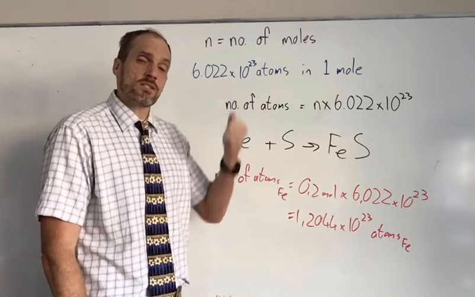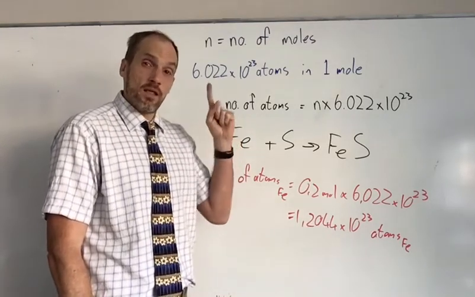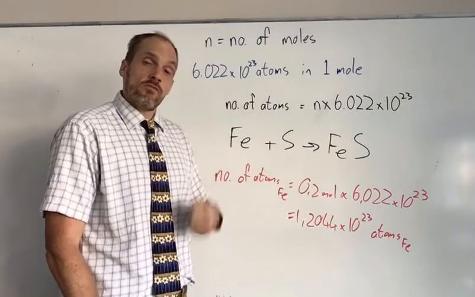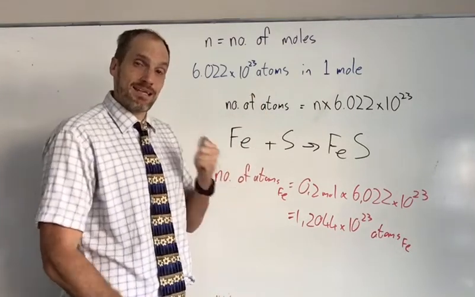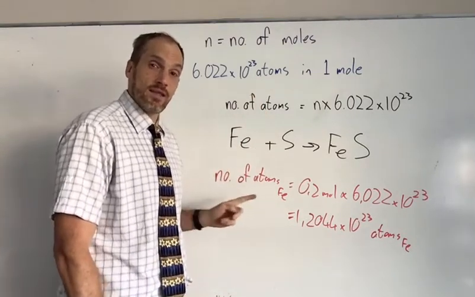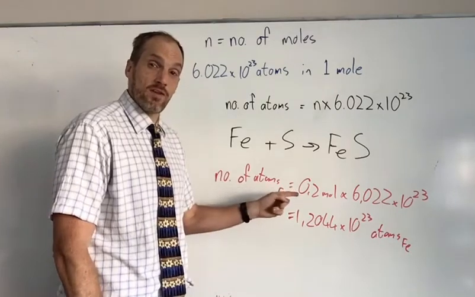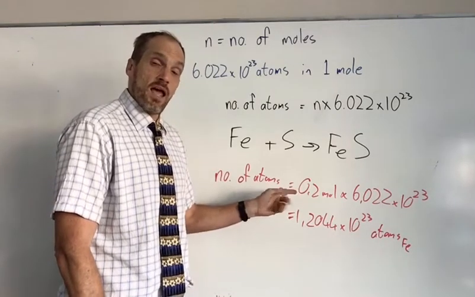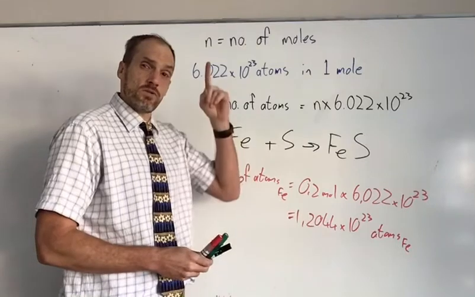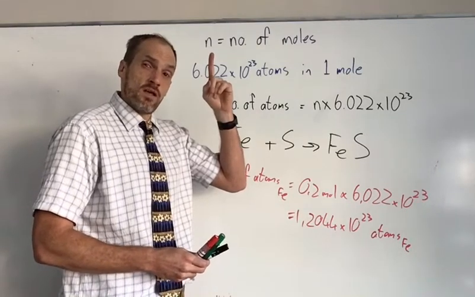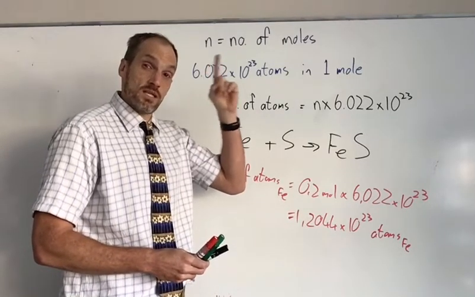So the mole is a far more workable number than Avogadro's number. For today, please understand how to calculate the number of atoms if you are given the number of moles. And in later lessons, we'll start learning how to work with this variable, which is the number of moles.